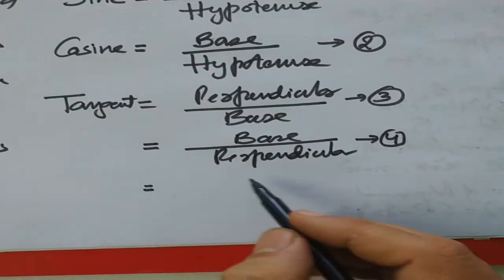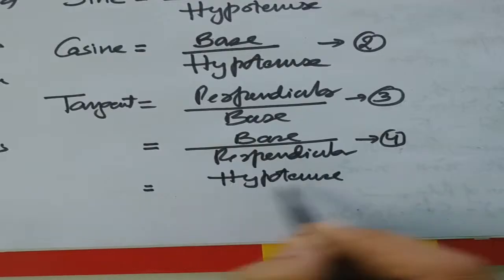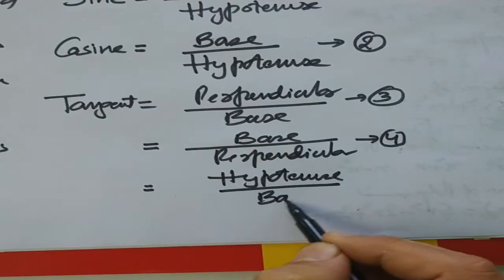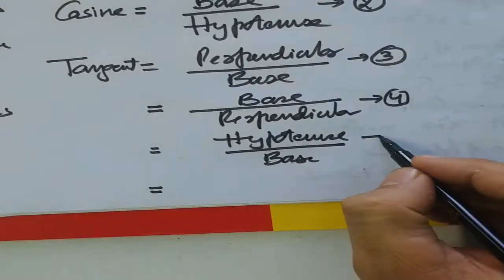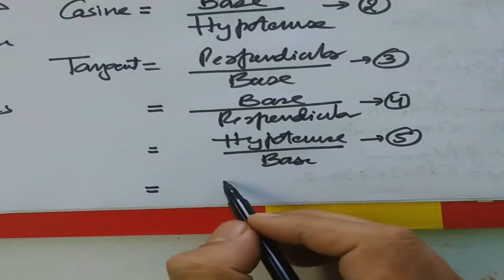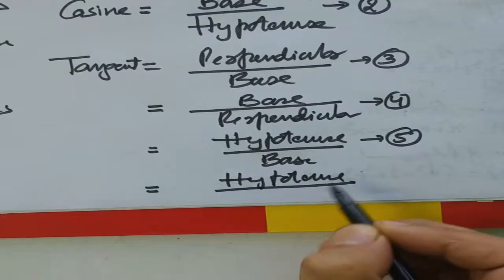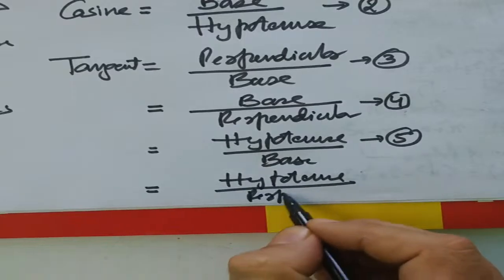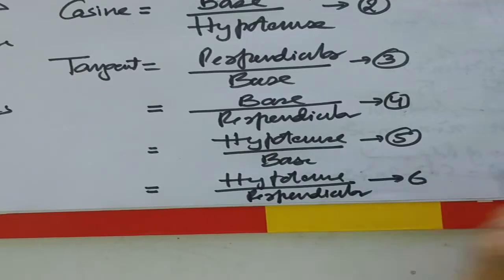Fifth ratio is between hypotenuse and base, and the sixth ratio is between hypotenuse and perpendicular. This is the sixth ratio.